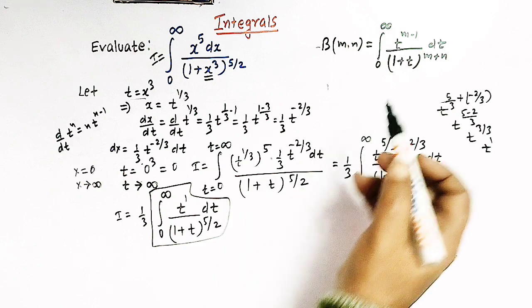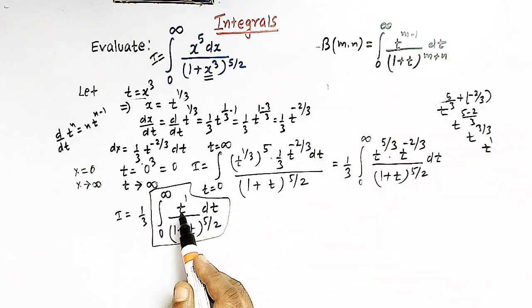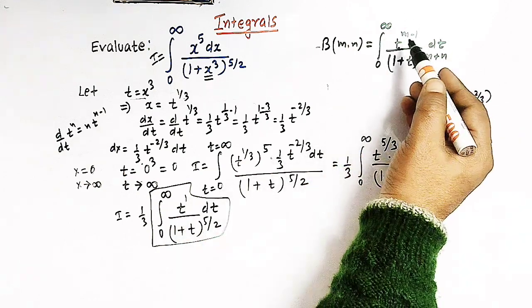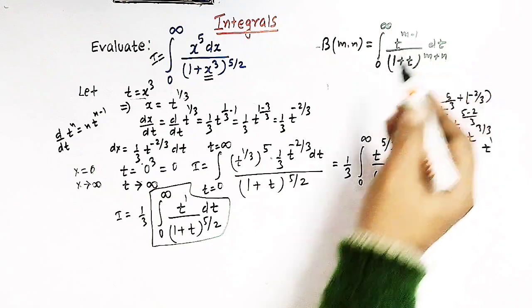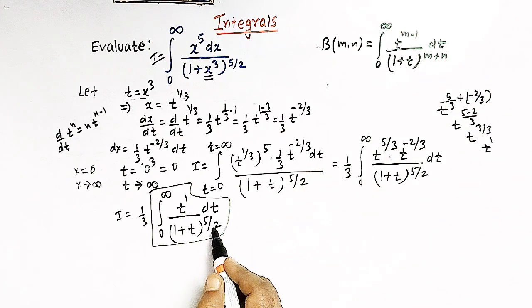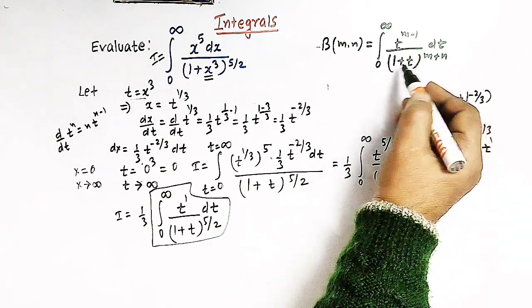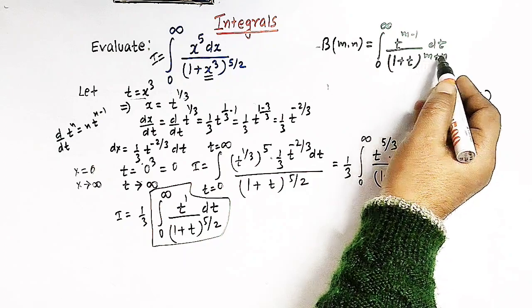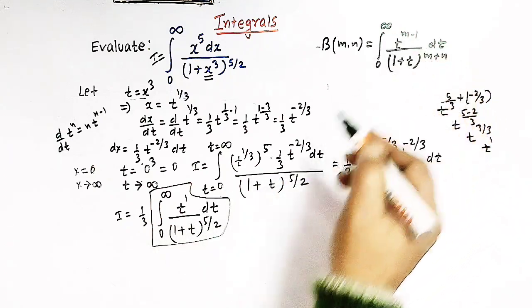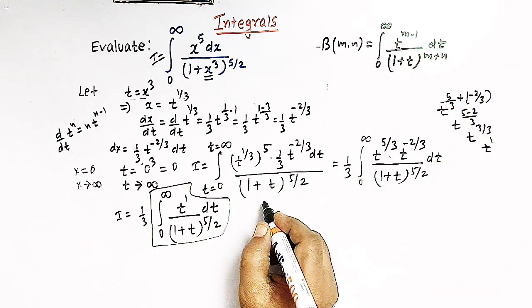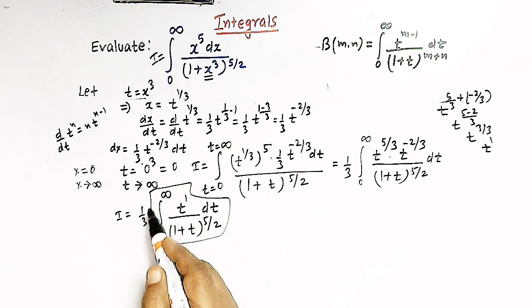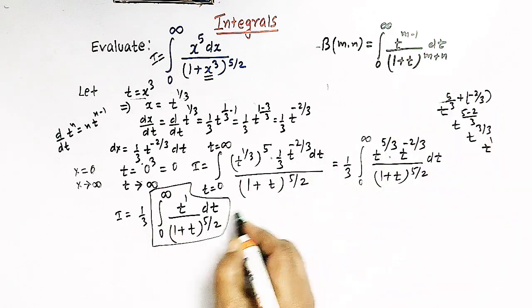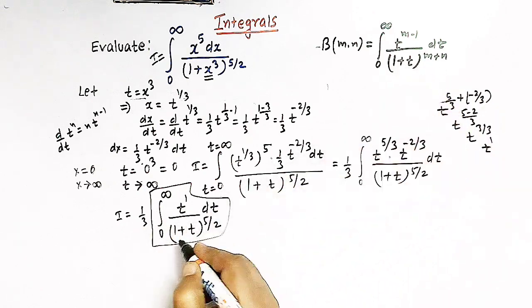So here we have 0 to infinity, here we have 0 to infinity, and t raised to 1. Here we have t raised to m minus 1, and here we have (1 plus t) raised to 5 by 2, and here we have (1 plus t) raised to m plus n. So let us find out the values of m and n in order to express this integral in this form. So we can now compare both these integrals.